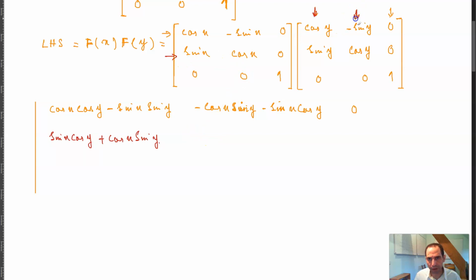Then the next column is going to give you negative sine x sine y, and basically cos x cos y plus cos x cos y, and this is a 0, and then moving to this column you will have 0 and 0 and 0.